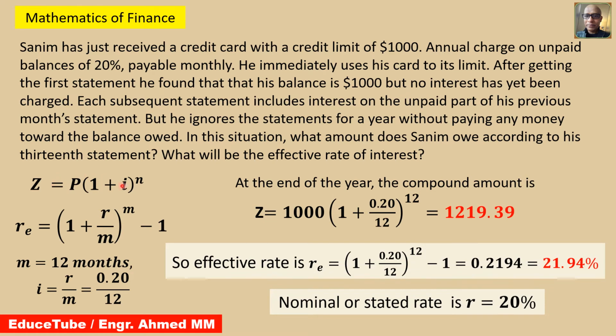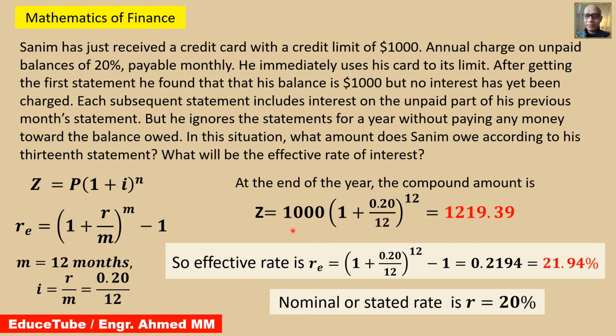So this is the formula, P into 1 plus I, and this I we know is the interest rate per period. So at the end of the year, the compound amount is, how much will it be?